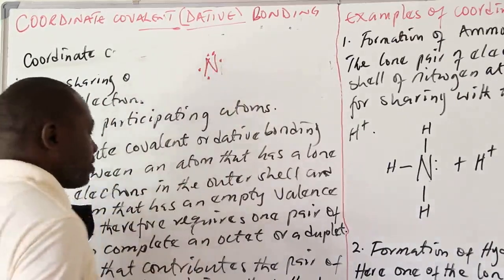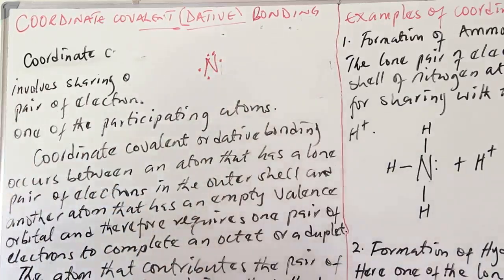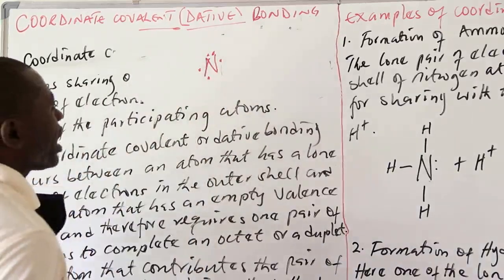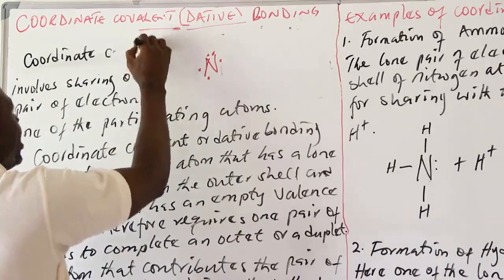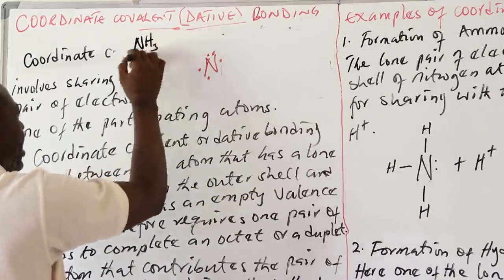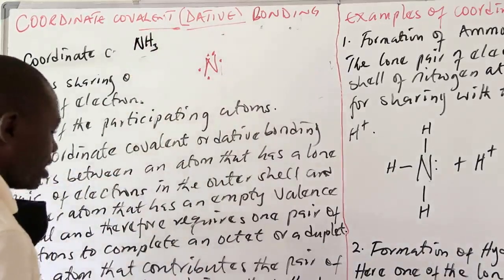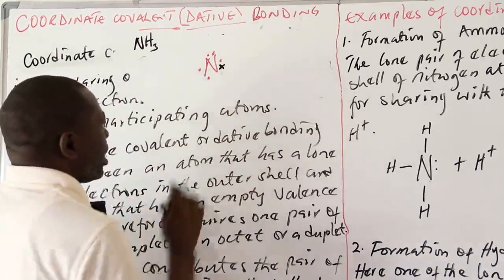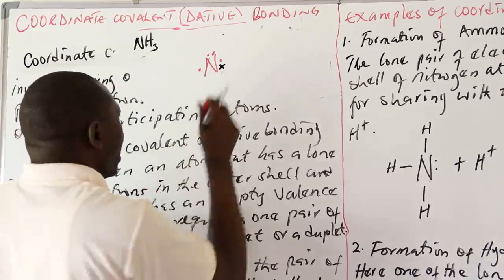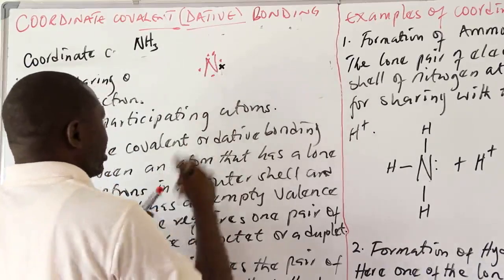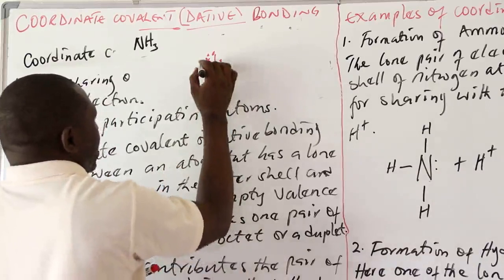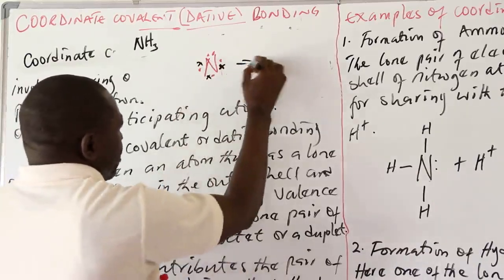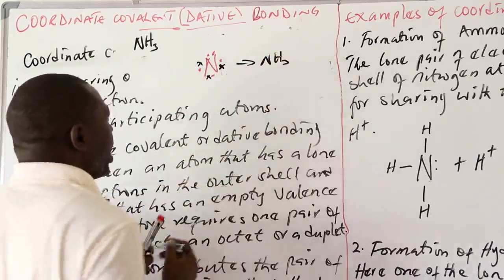If nitrogen is combining with hydrogen to form ammonia, that means 1 nitrogen and 3 hydrogen. Then what happens is 1 hydrogen will come here with this electron, the other one will come here and share this one, another will come here and share this one, so that it can give you the ammonia molecule.